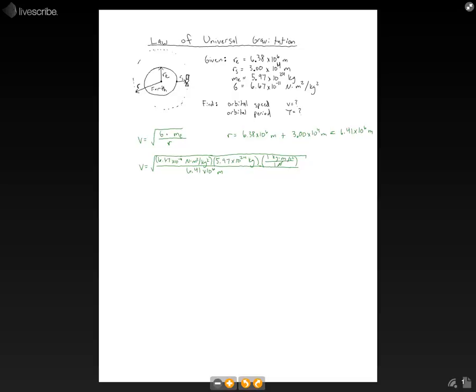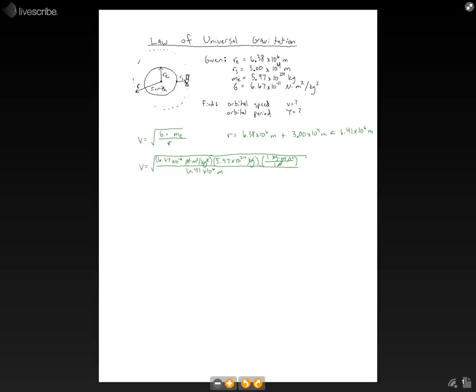So we can first cancel out newtons, and then if we look through here, we can see that on the top we have kilograms twice, and then it's on the bottom squared here, so those will reduce to 1. As well, we have meters squared in the top of our gravitational constant, and we have meters in the top of our conversion factor, and then we have meters in the bottom.